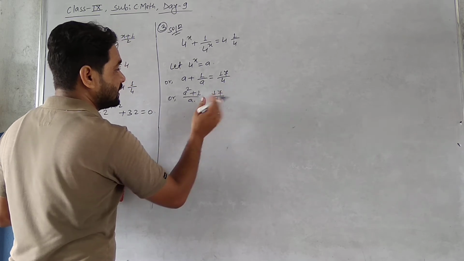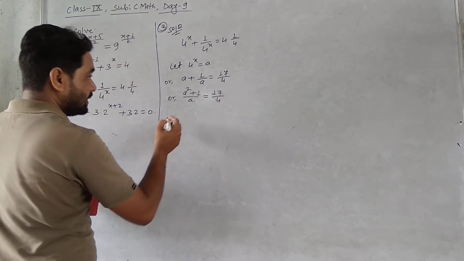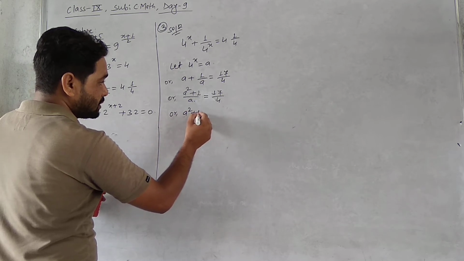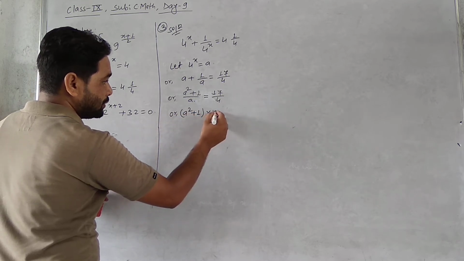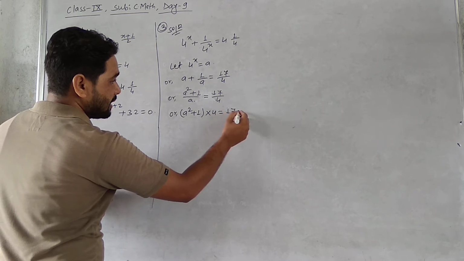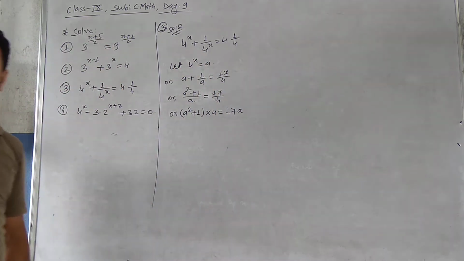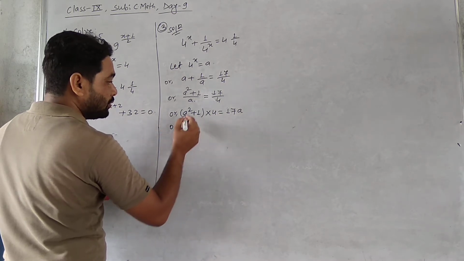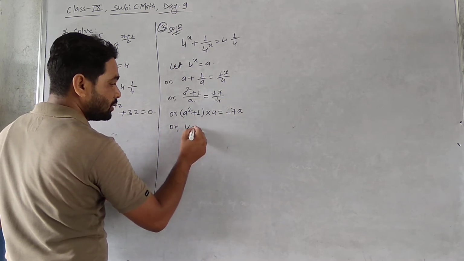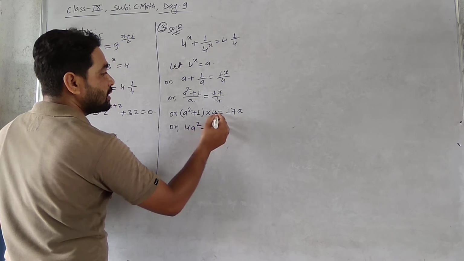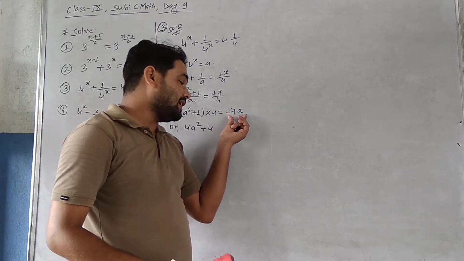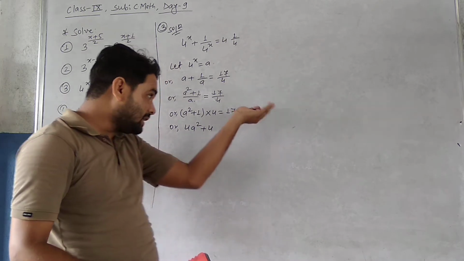In the cross multiplication, that means a square plus 1 into 4 equals to 17 into a, that is 17a. Now let's multiply that: 4 into a square, 4a square plus 4 ones are 4, and now look here, this 17a is on the next side, bring it to this side.